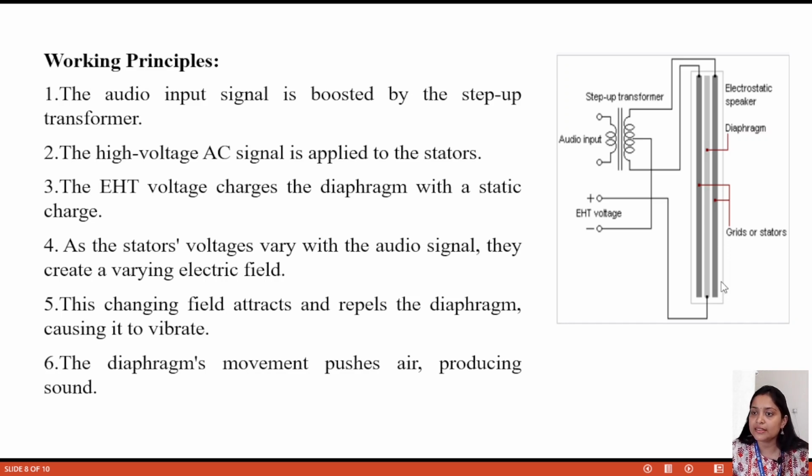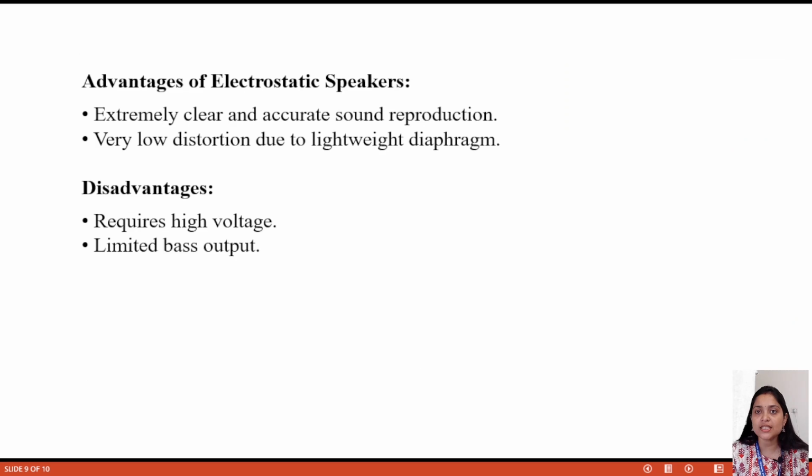Between these two stators there is a diaphragm with a continuous DC voltage, and due to the variation of the electric field between the two stators, the diaphragm is attracted and repelled between them, and due to this movement, sound waves are produced. I hope all of you can understand.